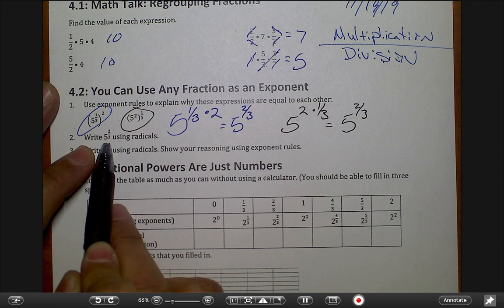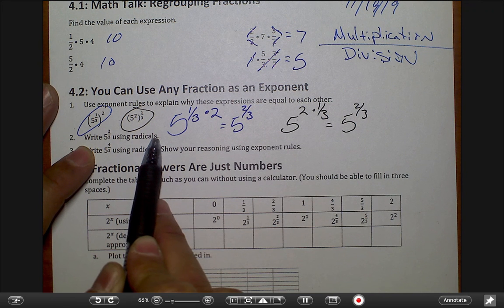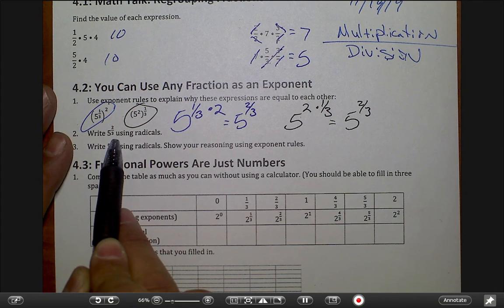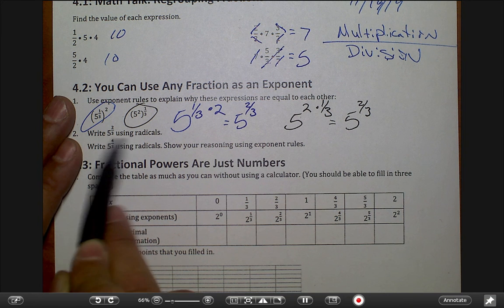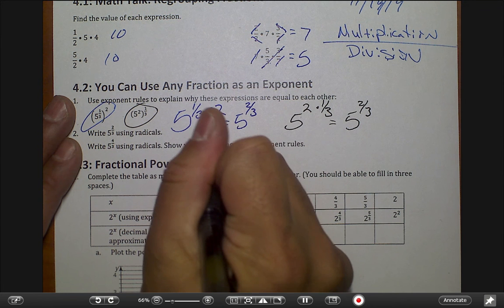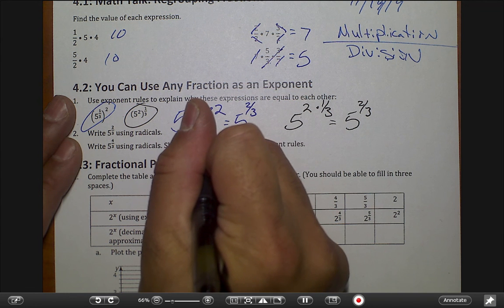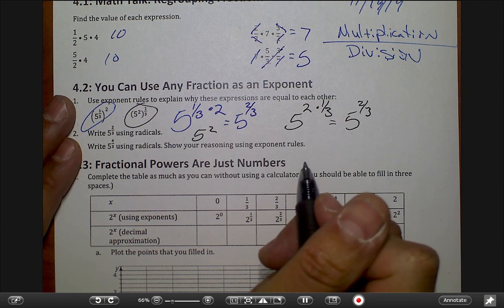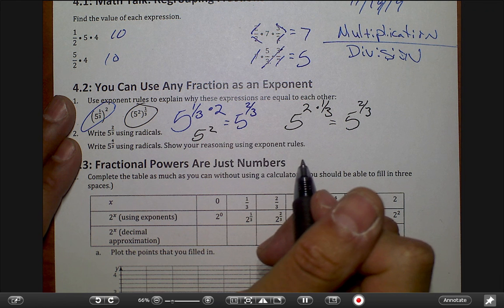Okay, write this using radicals. Now, what is my power on this problem right here? It's over there. 2, and my root is 3. Okay, so I know those aren't phones out right now, right? So it's going to be 5 squared, and my root is the 3rd root.